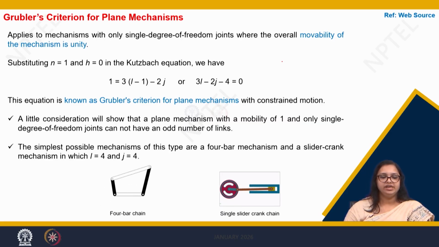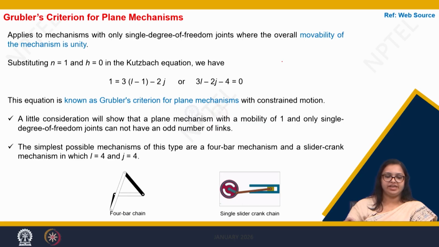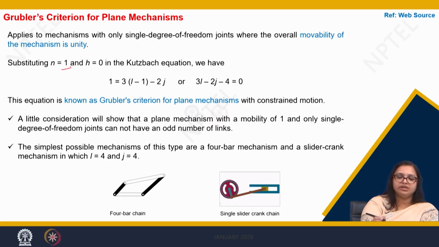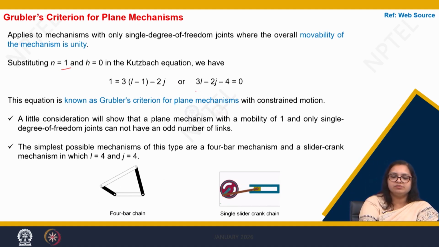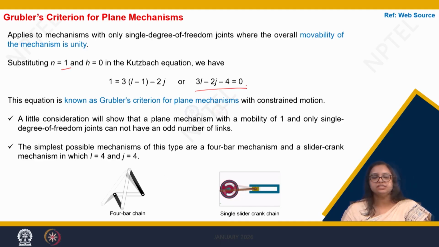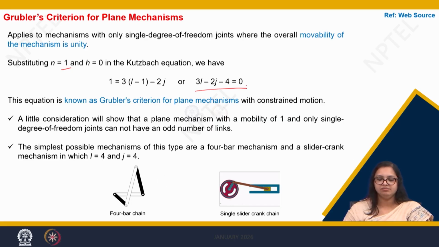So here in place of n, we put 1, and our equation, after putting it in the Kutzbach equation, comes down to something like this. The simplest possible mechanisms of this type are the 4-bar mechanism and a single slider mechanism, in which the number of degrees of freedom or the mobility is 1.